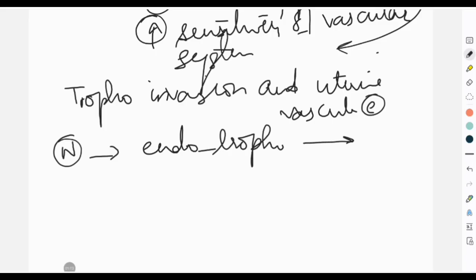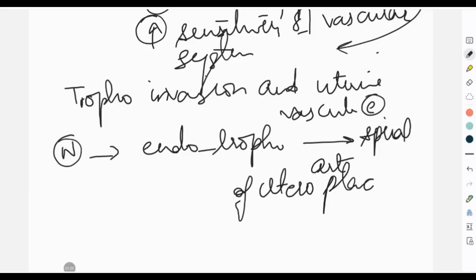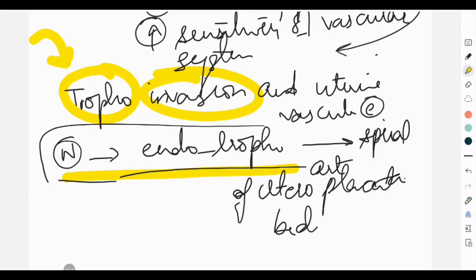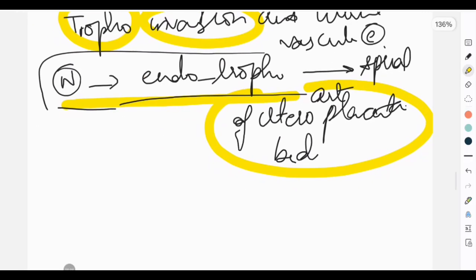Normally, the trophoblastic invasion takes place by the endovascular trophoblastic tissue into the walls of the spiral arteries of the uteroplacental bed, usually in the first trimester.